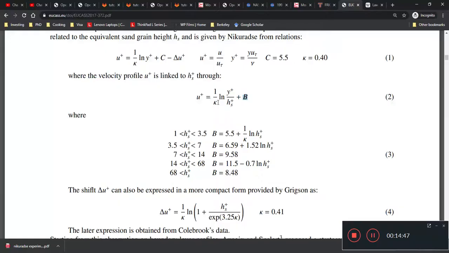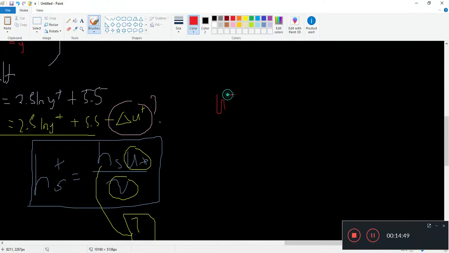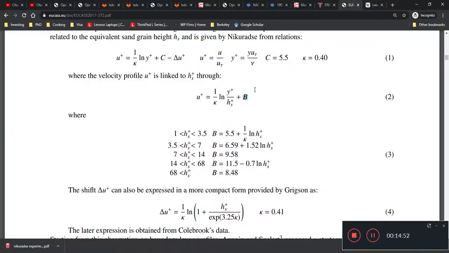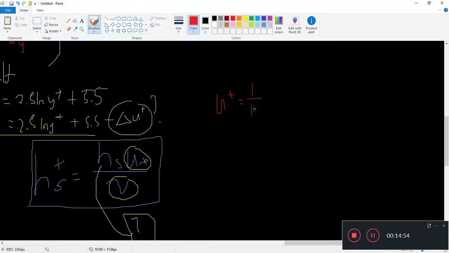And here we go. U plus equals 1 over kappa ln y plus over hs plus, plus a big B. The question is, what is this B and how does it change?